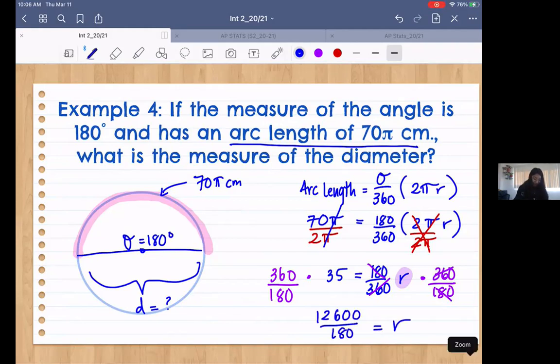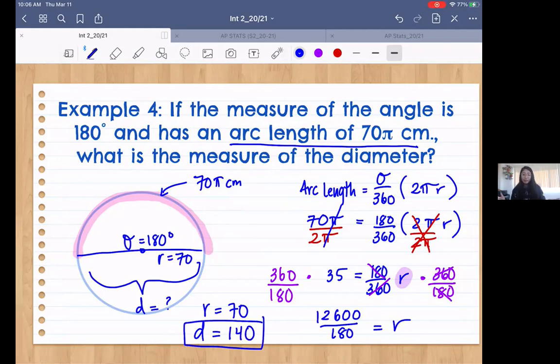And if I actually divide that by 180, I should get 70. So my radius is going to be 70, but I'm not looking for radius. I'm actually looking for diameter, and you can double it to get the diameter. So pretty easy, you can do it in your head. So that's what our diameter is.